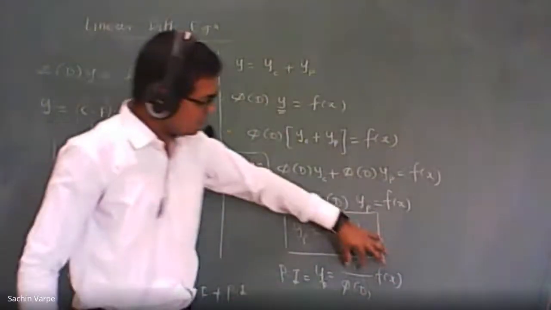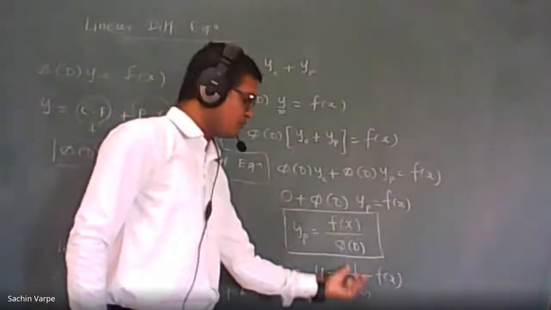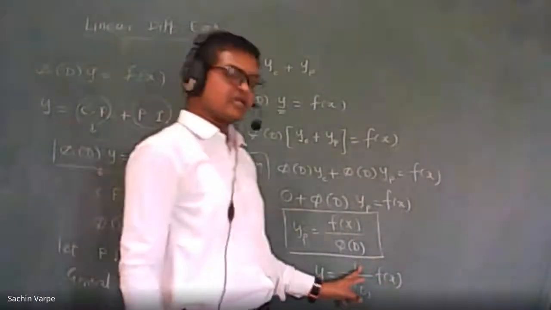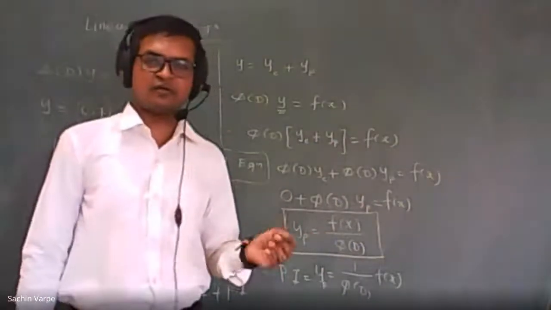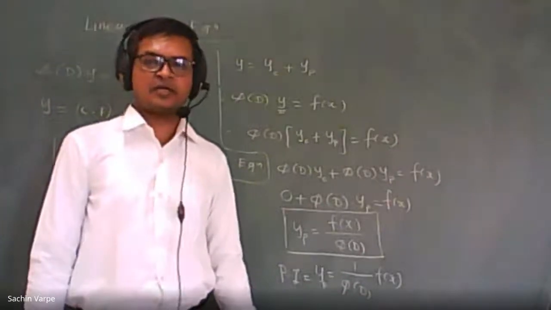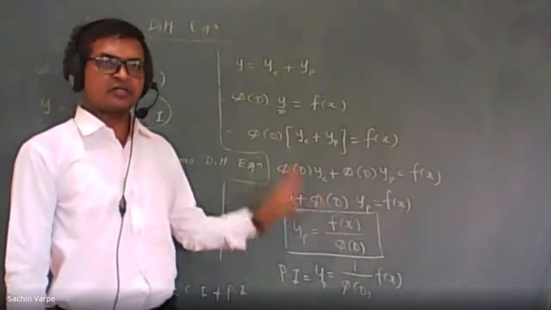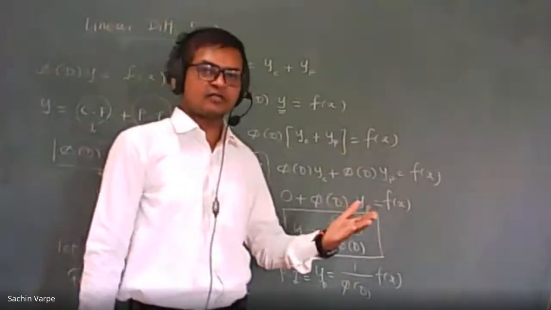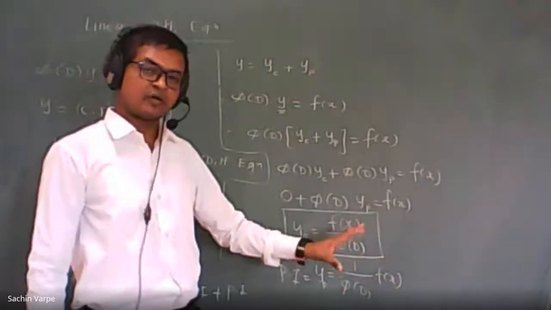Now why am I separating this 1 upon phi of D? Because it has a special meaning. 1 upon phi of D is an operator, and f of x is a function of x. First of all, what is D? Capital D is d by dx. Yes, it is a differential operator. It is an operator, not a function. It doesn't have any value. When we operate it onto a function, it differentiates the function.